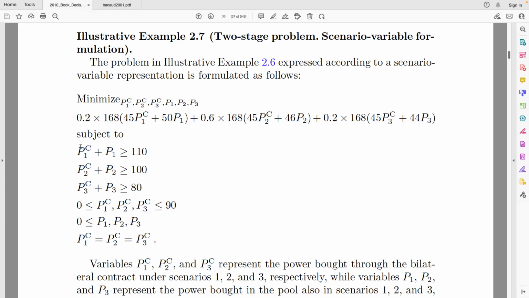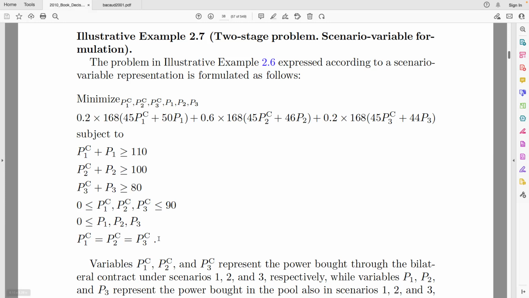Notice the difference that now we have one contract variable for each scenario, P1C, P2C, P3C, because we are analyzing variables in terms of the scenarios, not the nodes. In the fourth constraint, we have the upper and lower bound for the power that we can buy from the contract, 90 and 0. This is the non-negativity constraint for the powers in each of the scenarios.